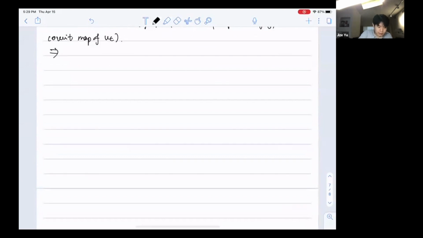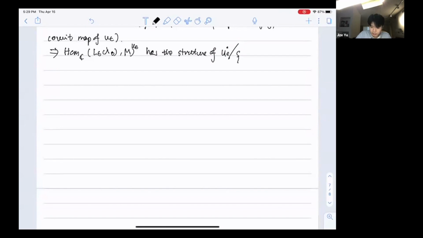Now this implies that this space of u_epsilon invariants has a structure of U_epsilon dot quotient by the ideal generated by x times z minus epsilon(z).